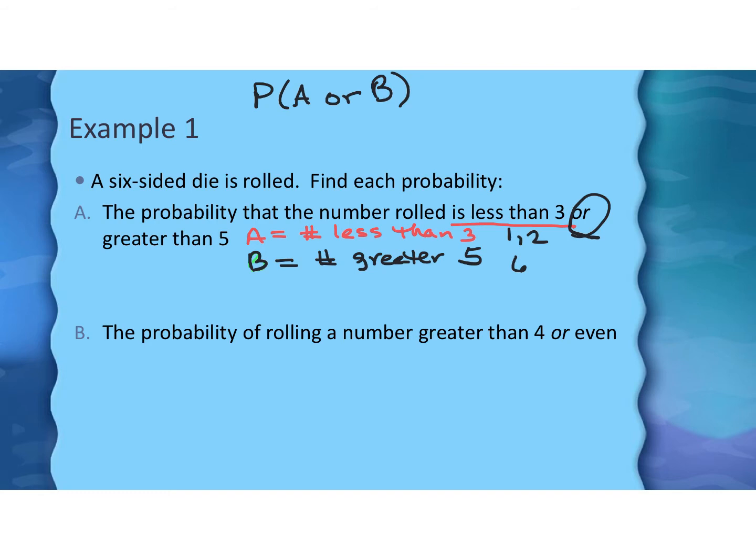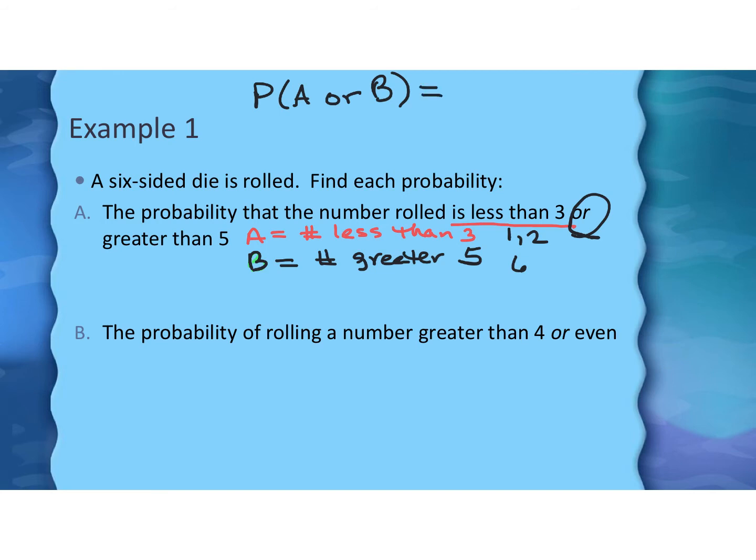Notice when I listed the outcomes for event A and event B, none of the outcomes are in common. These two events are disjoint. There is nothing in common. They're mutually exclusive.